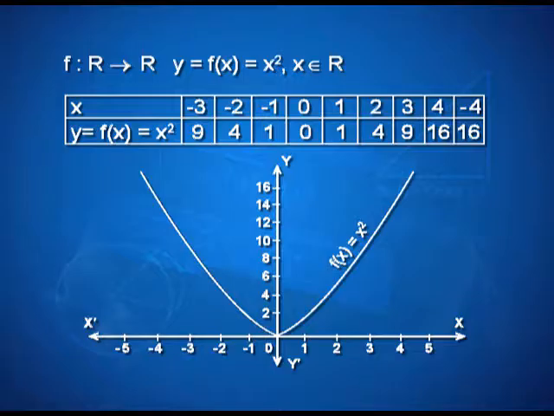For example, for minus 3, x square is 9, for minus 2 it is 4, for minus 1 it is 1, for 0 it is 0, and for 1 it is 1, and so on for positive integers. On the graph you can see how the graph of f of x is equal to x square looks like. This is your x axis here and this is y axis.